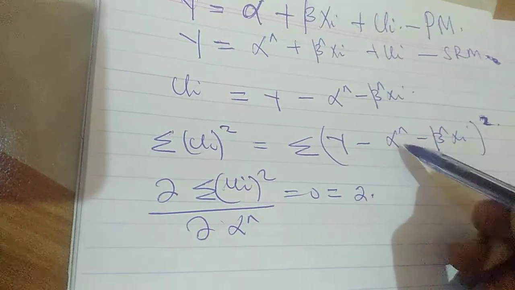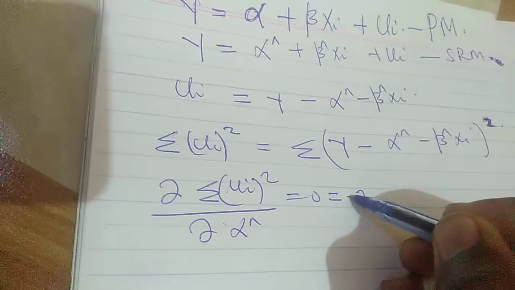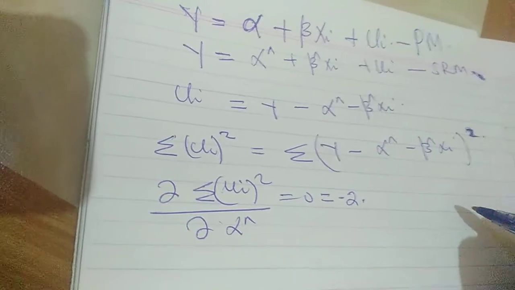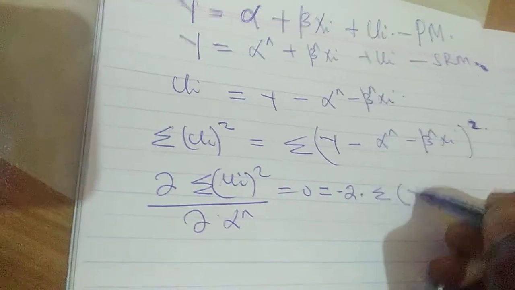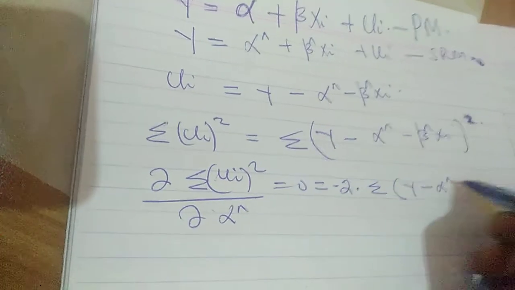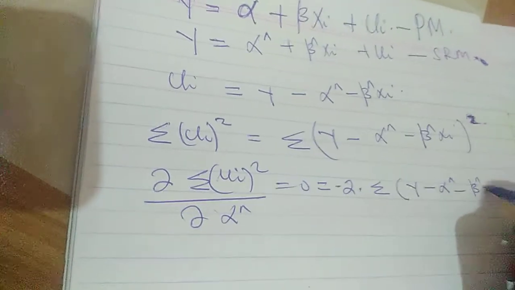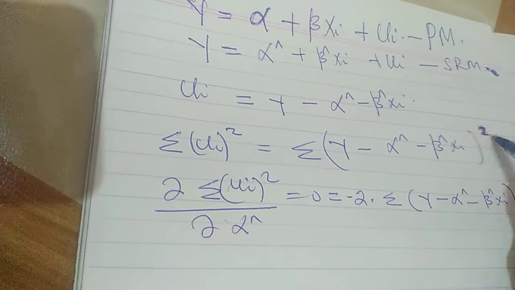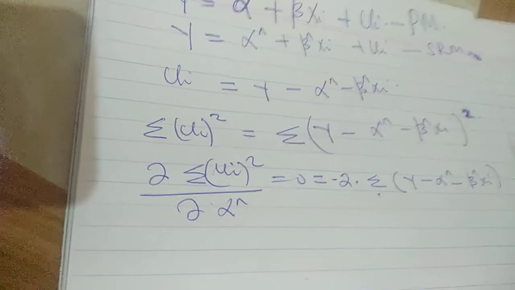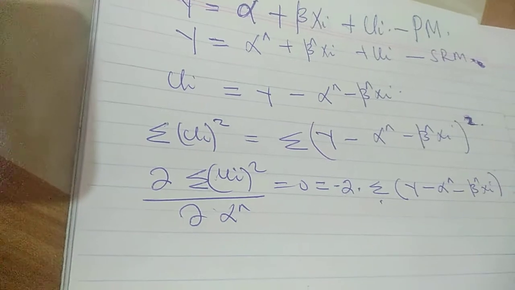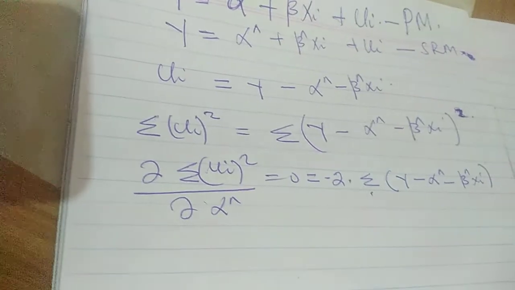When we differentiate with respect to alpha hat, we get a negative, so it's a negative 2, times the sum of what is in the bracket, y minus alpha hat minus beta hat xi. Remember, the square went down; we subtract 1, we get a 1, but 1 is nothing, so it can remain there. So, of course, it's equal to 0.